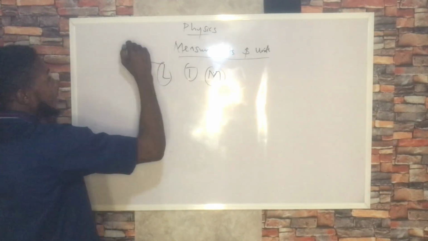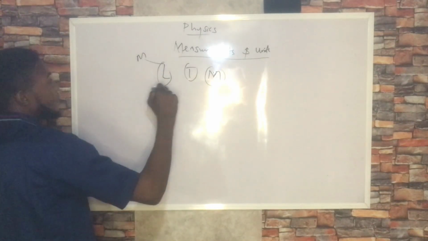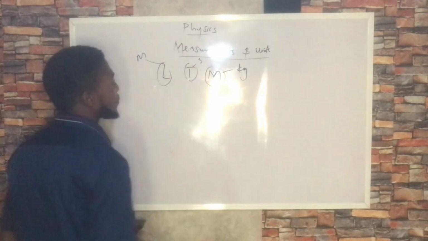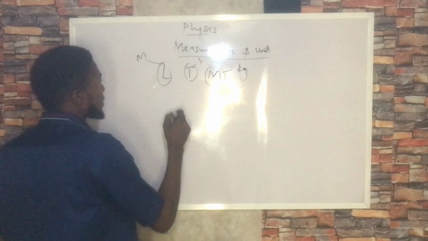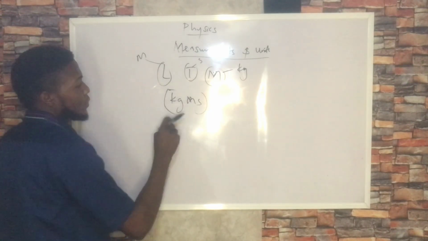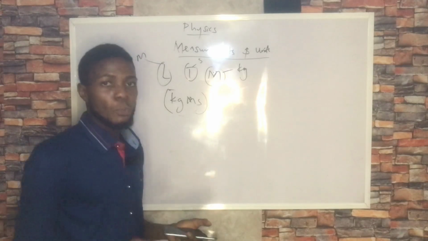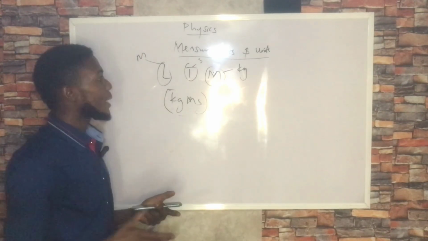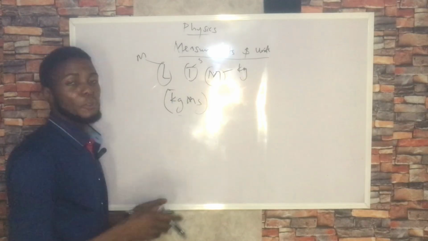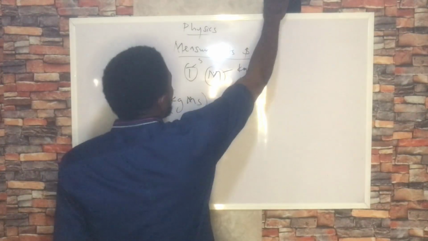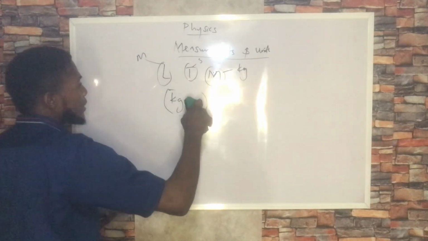Remember I said length has the unit meter, time seconds, and mass kg. Please take note, because for most of the derived quantities we'll be using, we use dimension analysis. So please take note of these three things: length, time, and mass.